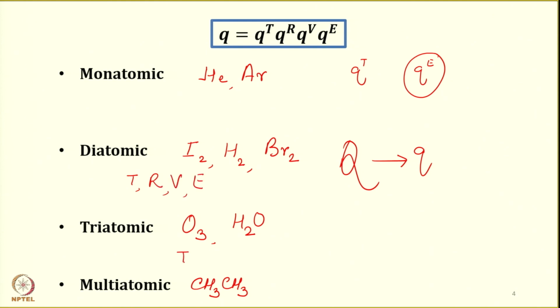Triatomic, translational, rotational, vibrational, electronic. Multiatomic, translational, rotational, vibrational and electronic. And you also need to make a choice of whether the connection of Q to Q involves a 1 by n factorial factor or not.